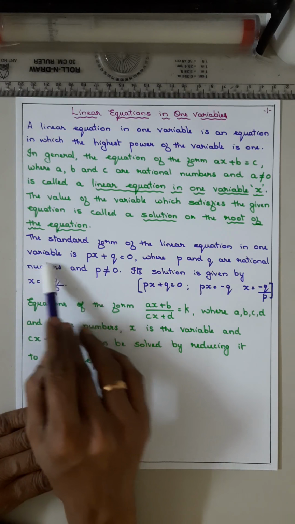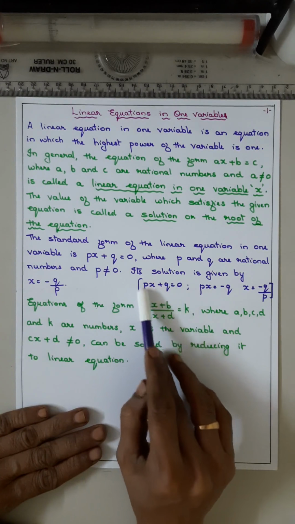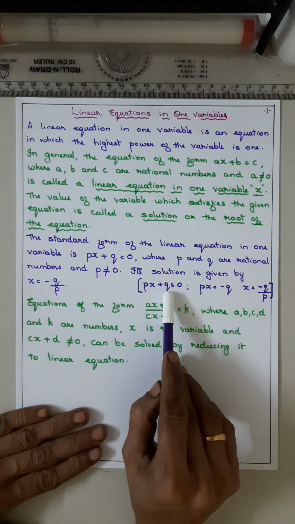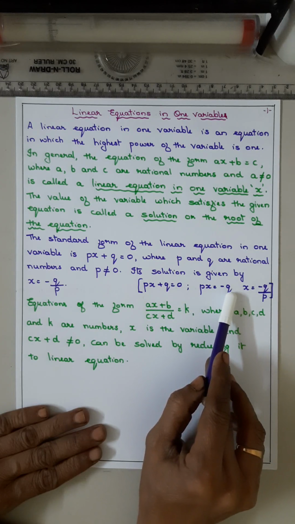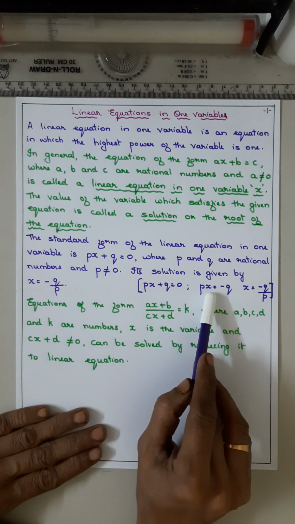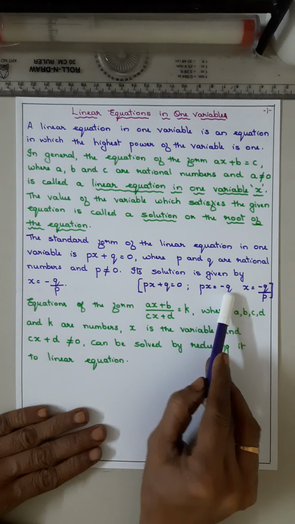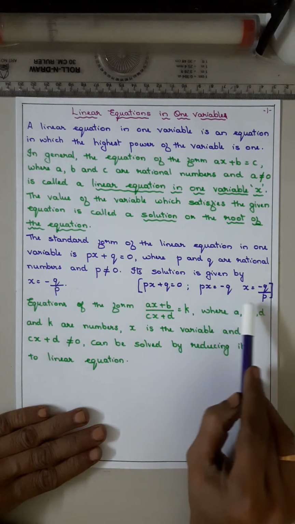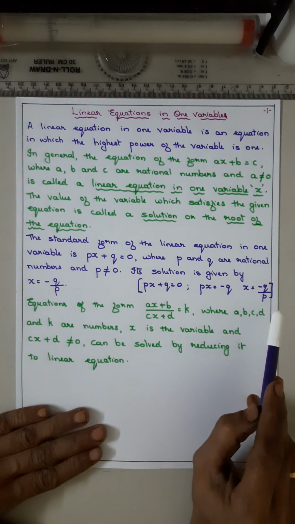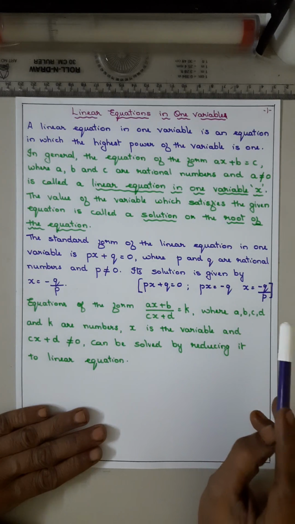How did you get this? The linear equation is px plus q is equal to 0. When you take q to the other side, it becomes minus q. So, px is equal to minus q. Now, find x. x is equal to minus q upon p. Understood? This is the solution.